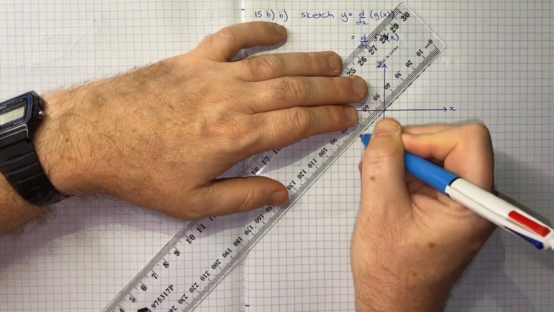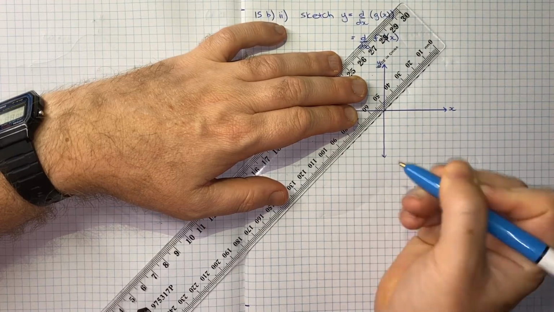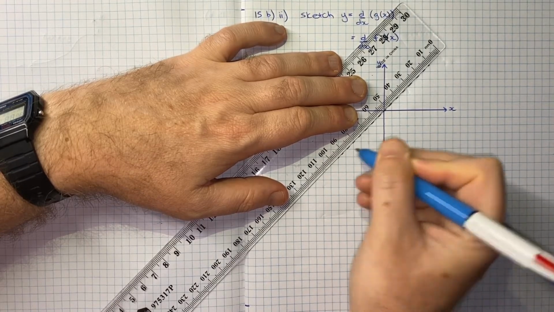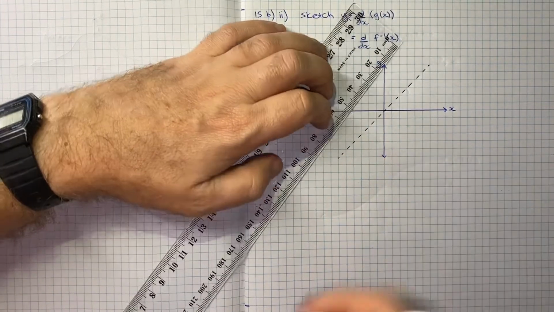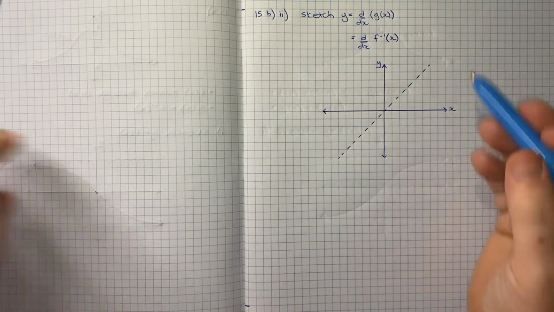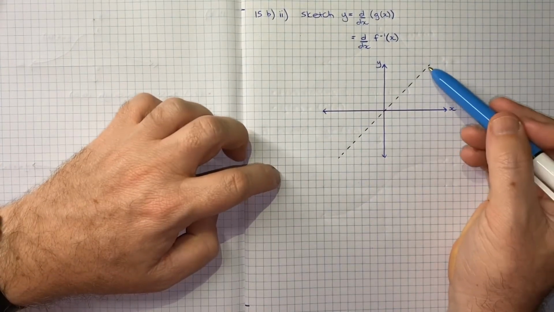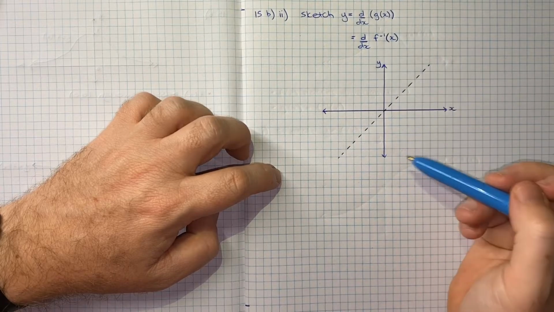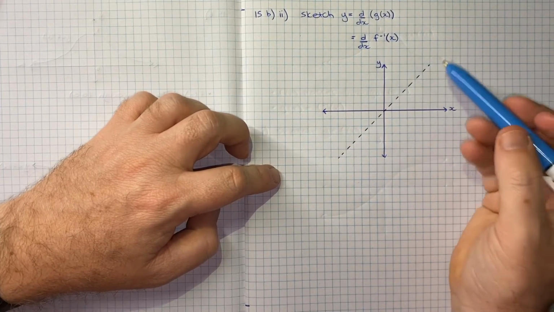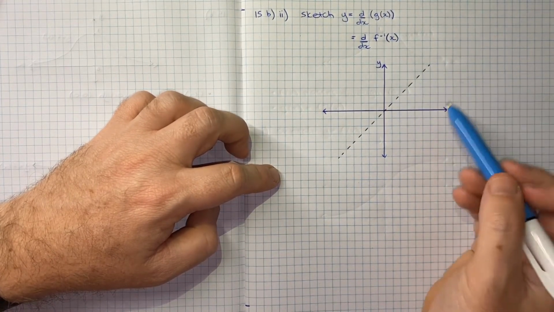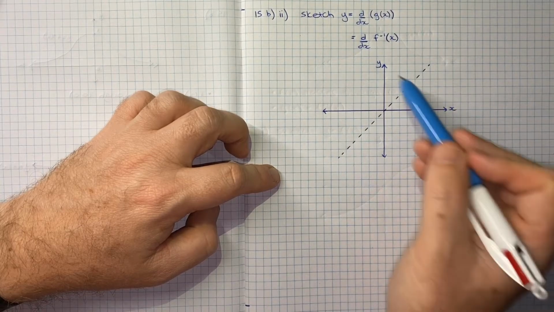And the reason this is useful to draw is because hopefully you know from your Extension 1 studies, I think it's Extension 1 that you probably first learn about inverse functions in any kind of detail. We learned that for the inverse, you're effectively just swapping x and y.